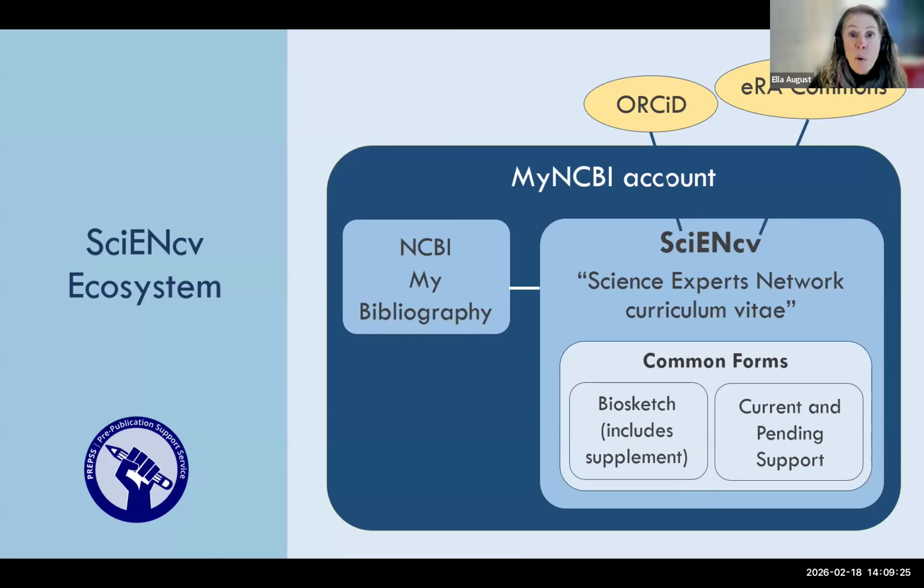Some other important parts of this ecosystem are your ORCID ID and your eRA Commons profiles. You can see them up top, and they need to be linked to your ScienceCV account. You will also draw from your NCBI My Bibliography profile, which is here on the left, when populating your Biosketch form.